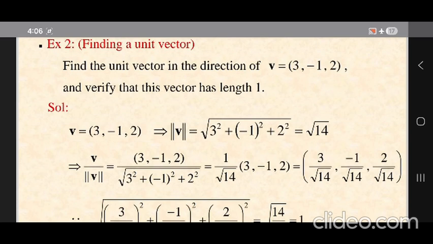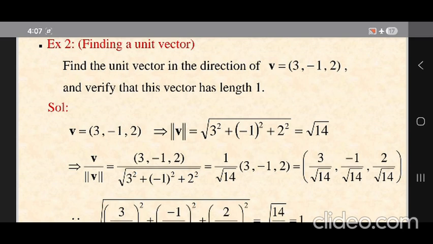Finding a unit vector: find the unit vector in the direction of v = (3, -1, 2) and verify that this vector has length 1. First find the unit vector. A unit vector has norm 1. First find the norm of v, which is the square root of 3^2 + (-1)^2 + 2^2, and the answer is root 14.